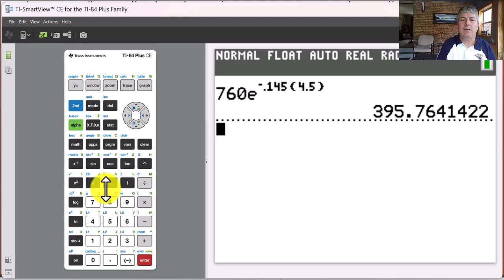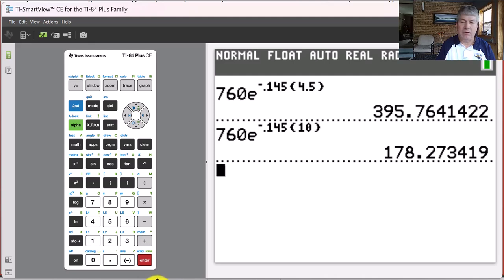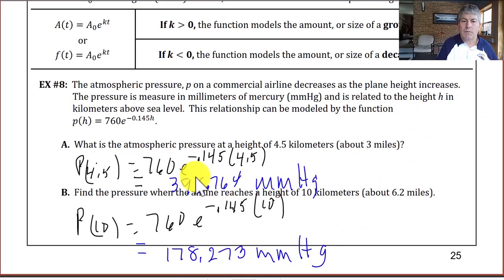And then we repeat the process by putting in 10 for x. And we get 178.273. So I'll add those answers to the notes. Notice I'm working down the page, showing my inputs appropriately.